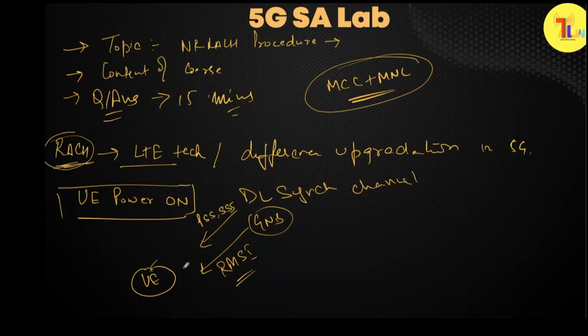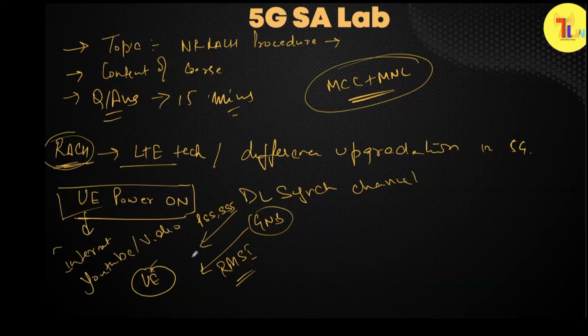Why does the UE need to decode this? Why are we powering on the UE? Because you want to use your mobile: browse the internet, watch a video on YouTube, or do a video call. For that you need resources.